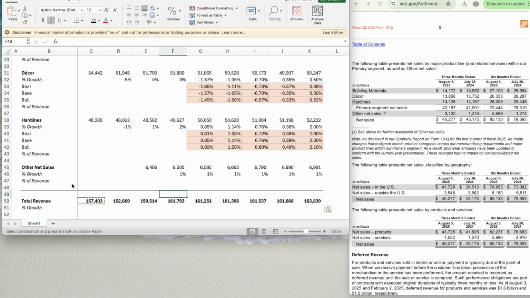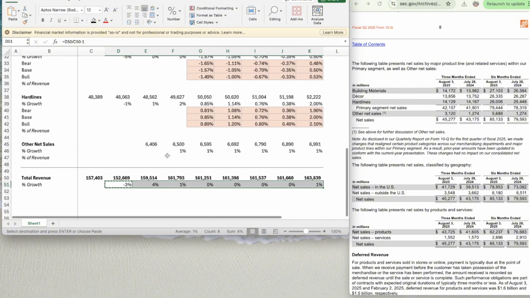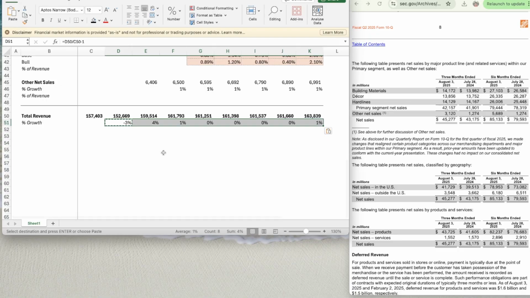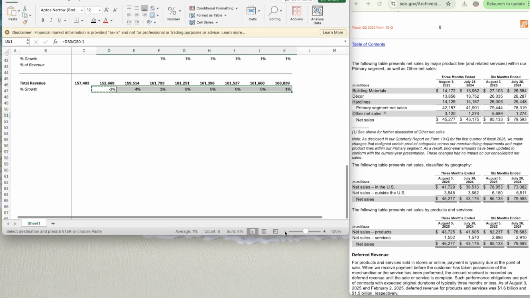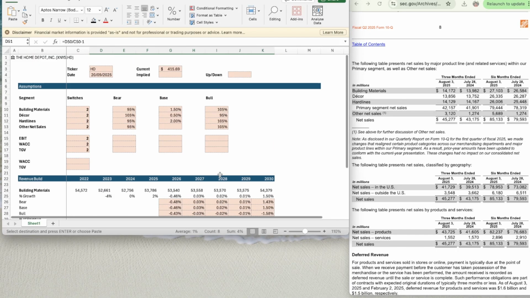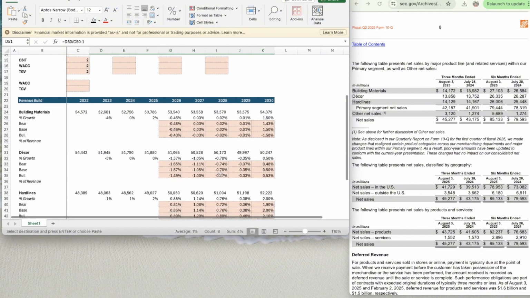So that's why we do it. Oh, sorry guys, I'm doing that too close to the bottom. But yeah, there we go. So let's just have a quick look at this, how it looks. Yeah, so that's the revenue build.